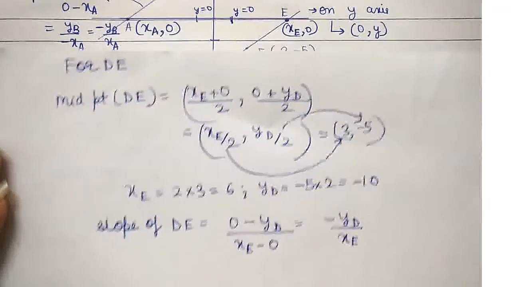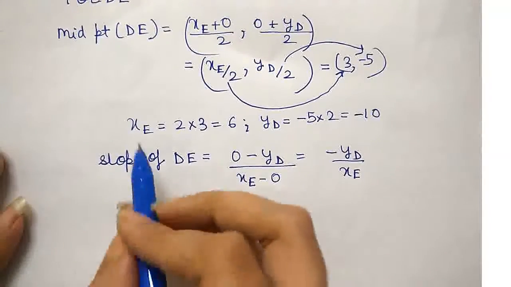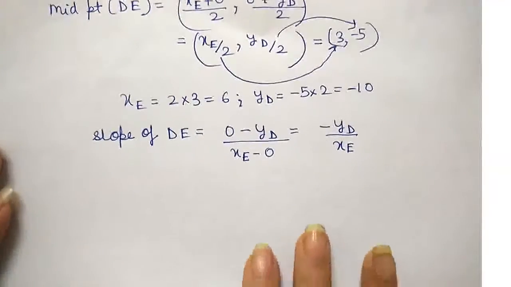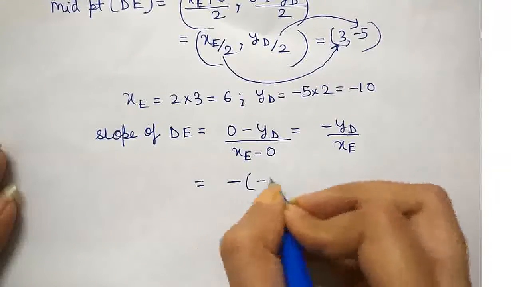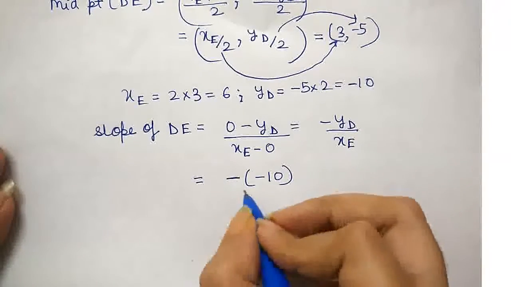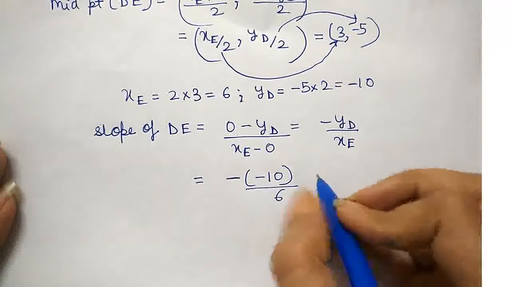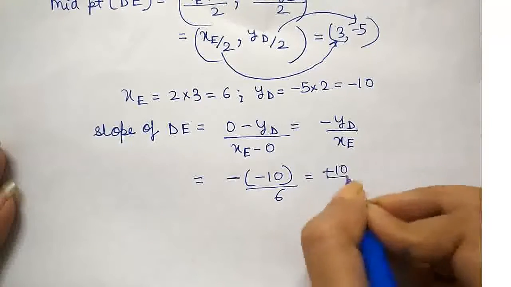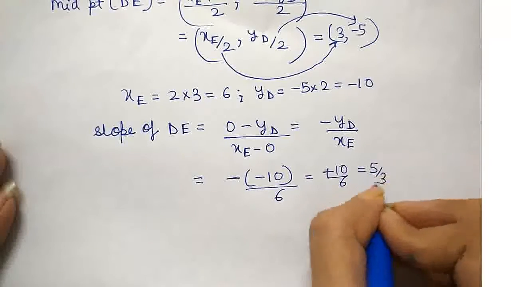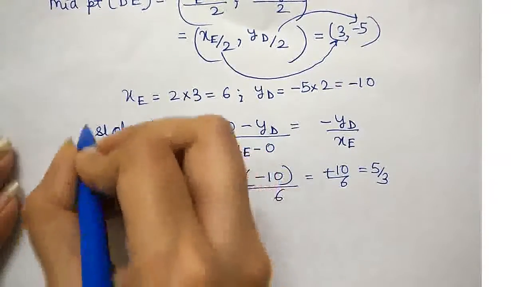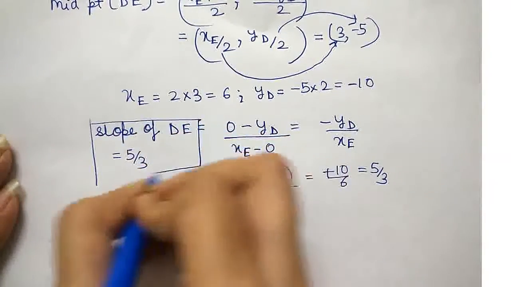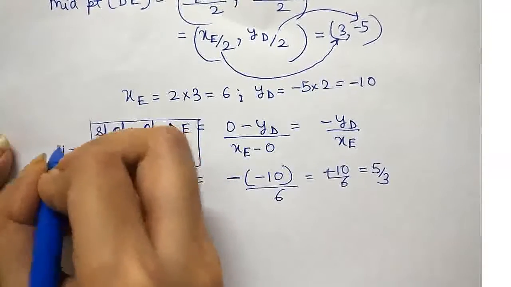Now we know the values of yd and xe, so we substitute them. So the slope of DE equals minus of -10 divided by 6. Minus into minus is plus, so plus 10 by 6, or 5 by 3. So we have found that the slope of DE equals 5 by 3. Let us highlight this and call it equation 2.